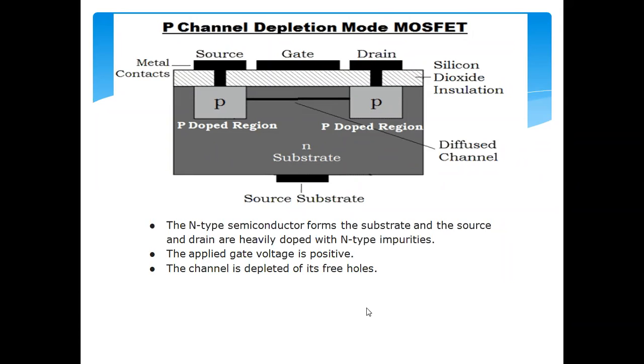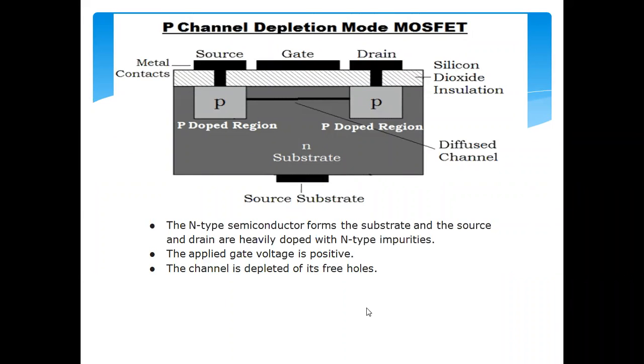See, as you know, MOSFET is a unipolar device, right? As I have explained, unlike a BJT, there is no concept of minority carriers in case of MOSFET.